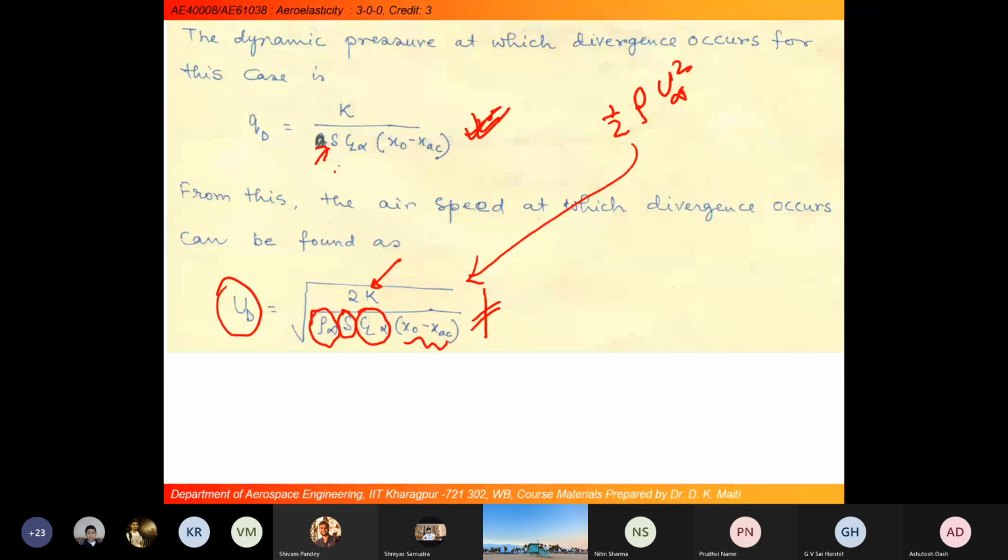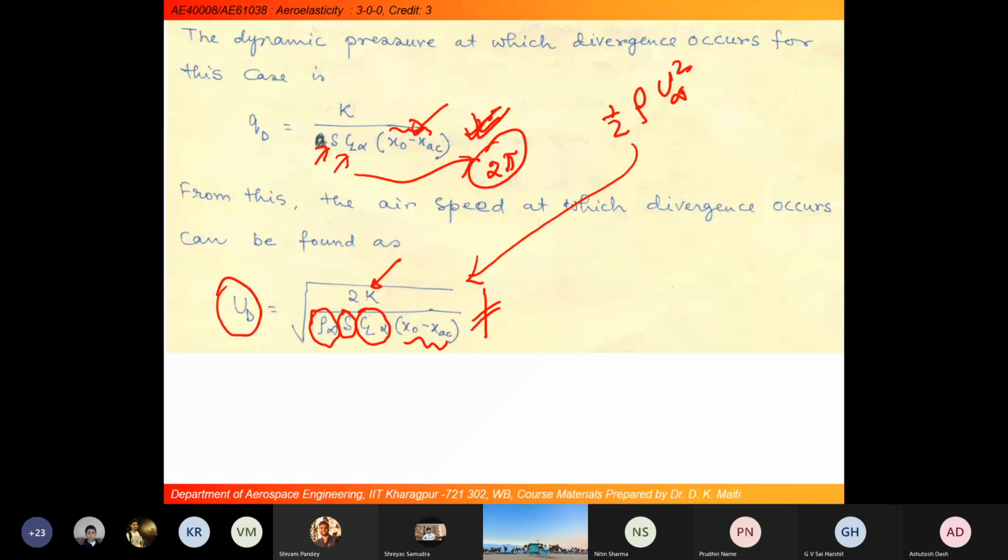In this case, we can take CL alpha as 2 pi for a thin aerofoil under subsonic flow, and the distance between the elastic axis and the aerodynamic center. Sorry, actually it is coming as x naught minus xsc. This part I have to take theoretically, and then substituting that I can get the theoretical value of qt.